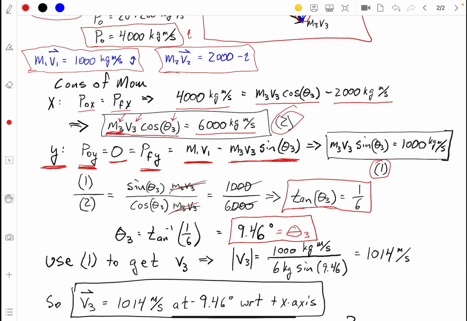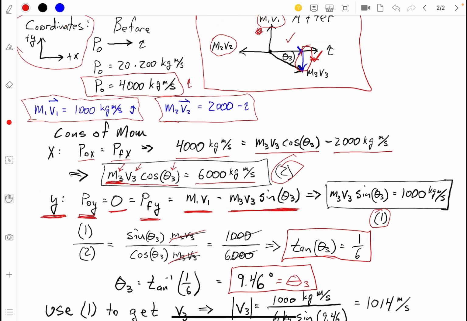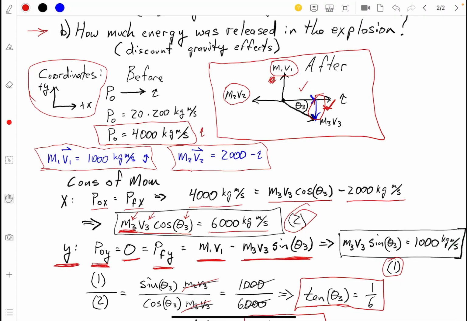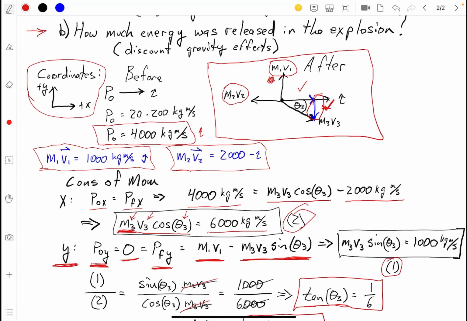However, I want you to look at one thing. Theta 3 actually goes, there's the positive x-axis, so i hat right there. Theta 3 goes like this. So even though we calculated a positive theta 3, it isn't positive.